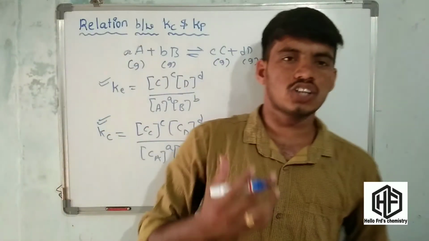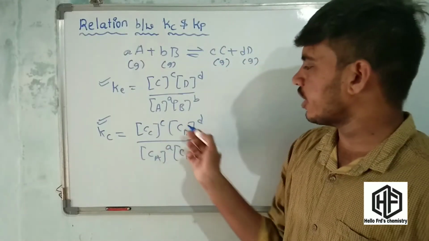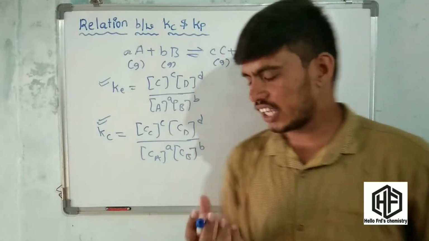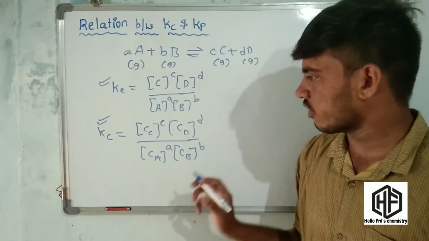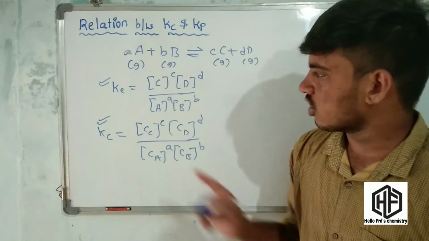Kc is the concentration of products raised to their stoichiometric coefficients divided by the concentration of reactants raised to their stoichiometric coefficients. This is Kc, an equilibrium constant.